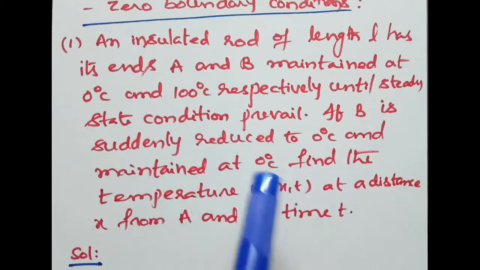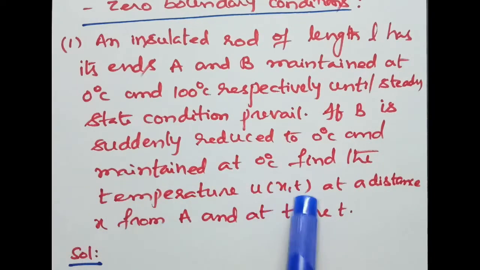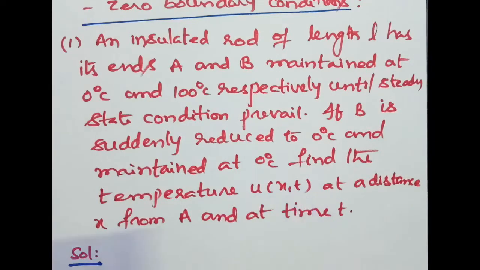That means in this unsteady state, we have to find the temperature u of x comma t. In the unsteady state, the temperature varies with respect to time t. So we have to find the temperature distribution with respect to time and at any point x.